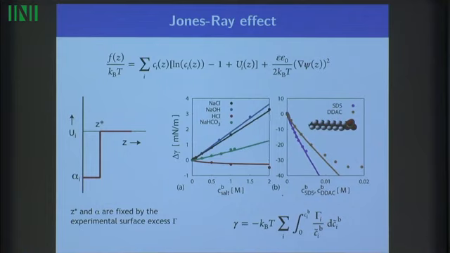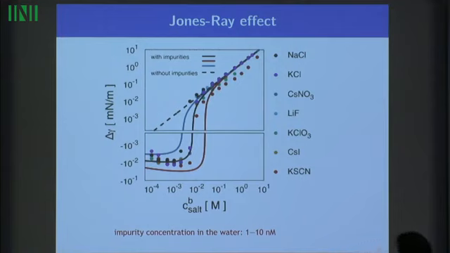And it turns out that this SDS adsorbs to the interface with an interfacial depth of about 16 kT over half a nanometer. Yeah, so it's an excessively strong adsorption. Now if we take that into account, so we put in some impurities, and we simply fit what is the impurity concentration that we need in order to reproduce these Jones-Ray measurements.